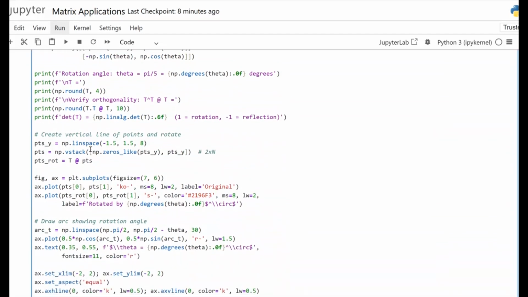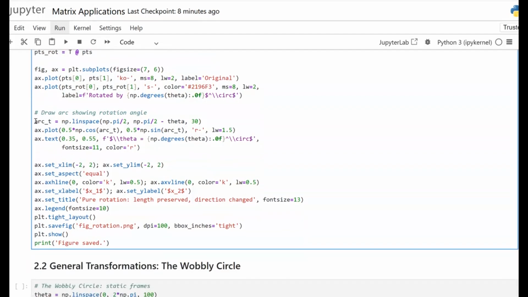Next, dear friends, we have a rotation arc annotation. It draws a small arc indicating the rotation angle, starting at the 90-degree vertical direction and moving clockwise. Now let me set our axis and styling.